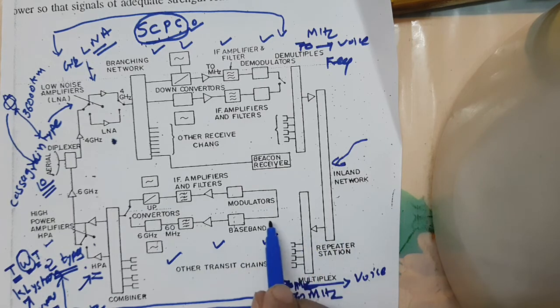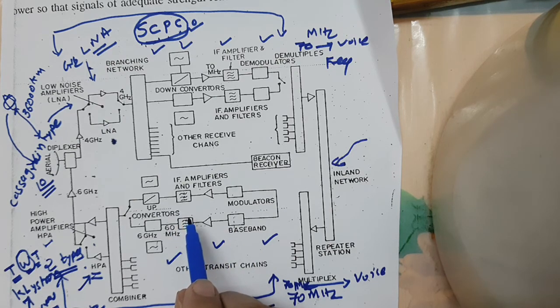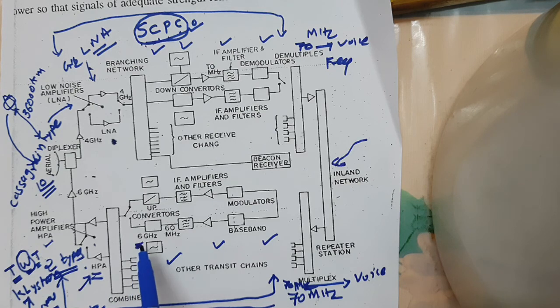Whatever signal is received, it is given to the modulator, which modulates the signal, given to the filter, which filters the signal, given to the IF amplifier, which amplifies the signal, and to the up converter, which increases the frequency range up to 6 gigahertz, given to the HPA.